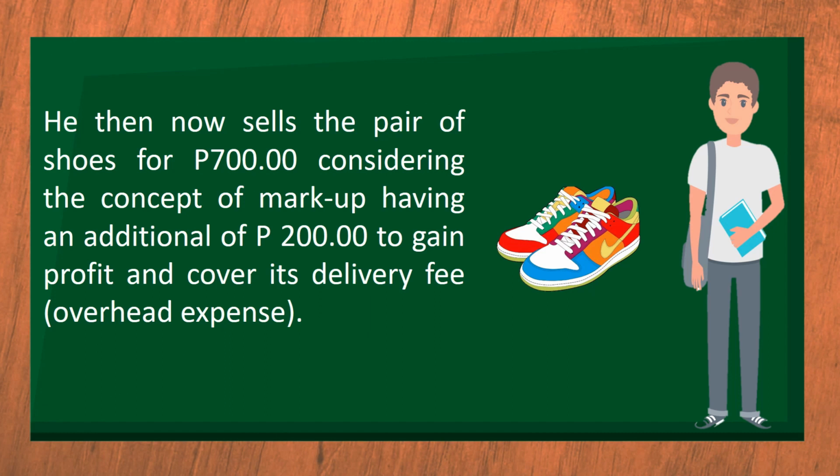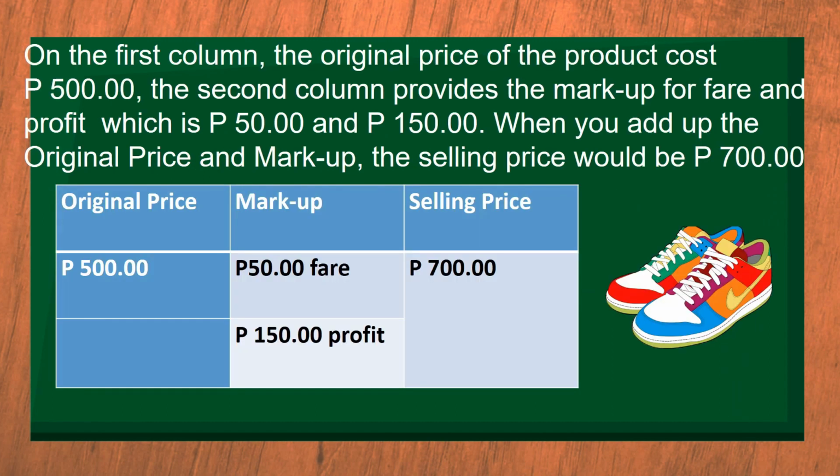He then sells the pair of shoes for 700 pesos, considering the concept of markup, having an additional of 200 pesos to gain profit and cover its delivery fee or overhead expense. On the first column, the original price of the product costs 500 pesos.